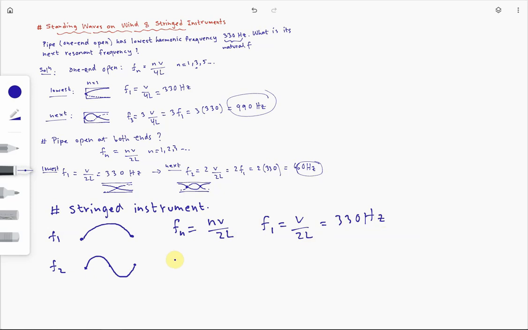Since the formula is the same, the next resonant frequency must be the same as the one for the pipe open at both ends. So 2 times 330 is still 660 hertz. This is basically a demonstration of the differences and similarities between standing waves produced on different kinds of musical instruments. I hope this makes sense. Thank you.